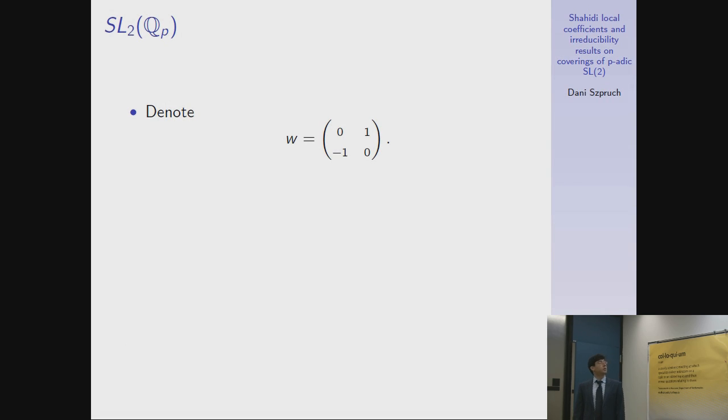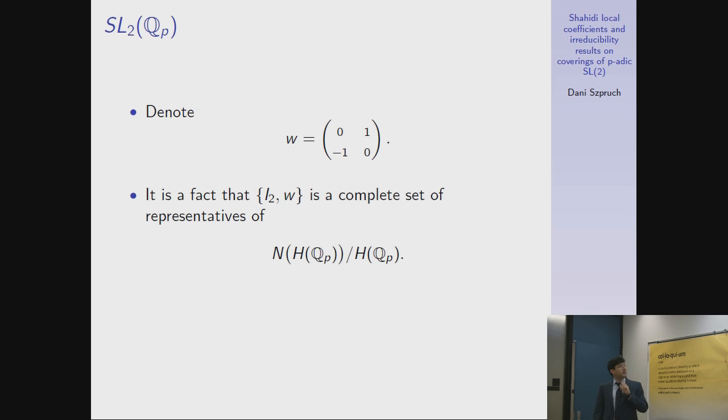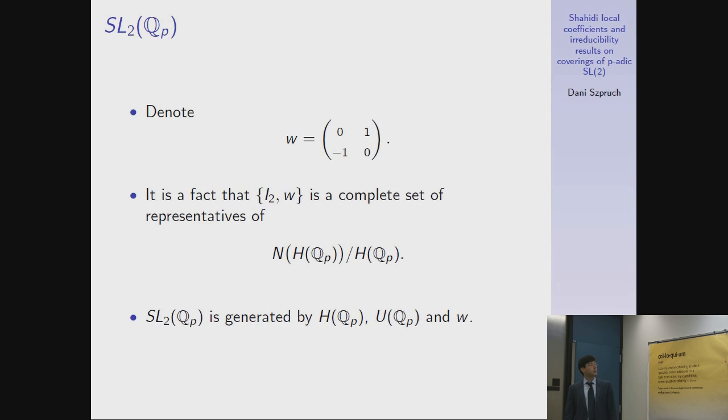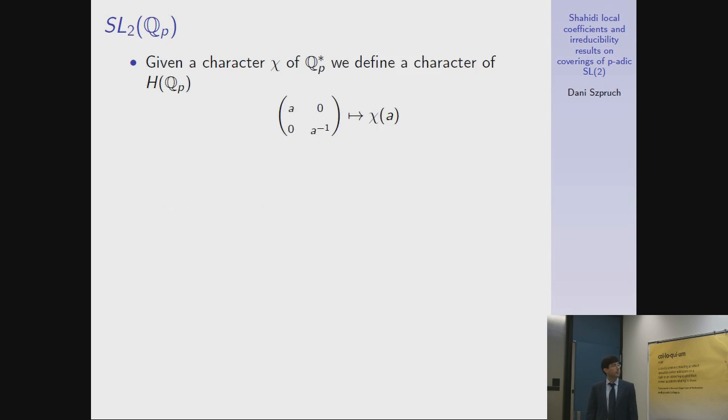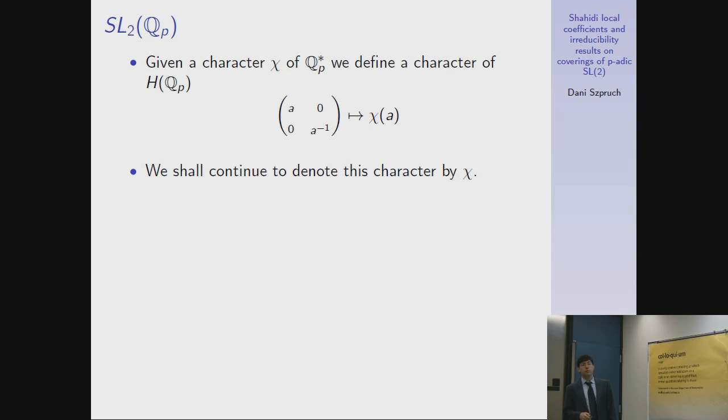Let's denote this guy by W. This is a non-upper triangular matrix, right? It turns out that the identity and W form a complete set of representatives of the normalizer of the torus modulo the torus. And moreover, SL2 is generated by the torus, the unipotent, and this W guy. Given a character of QP star, we define a character of HQP in a natural way. We continue to denote this by chi.